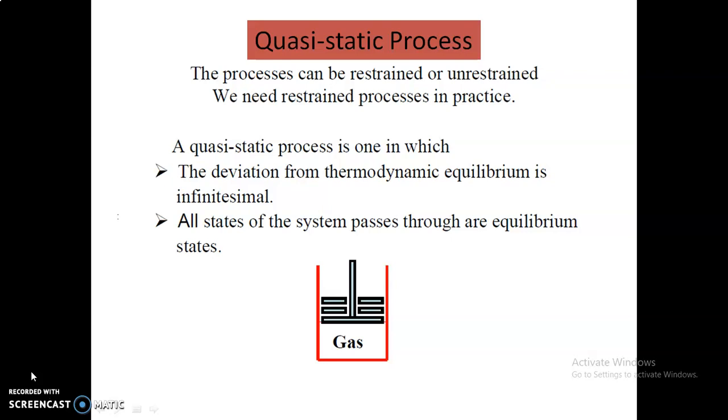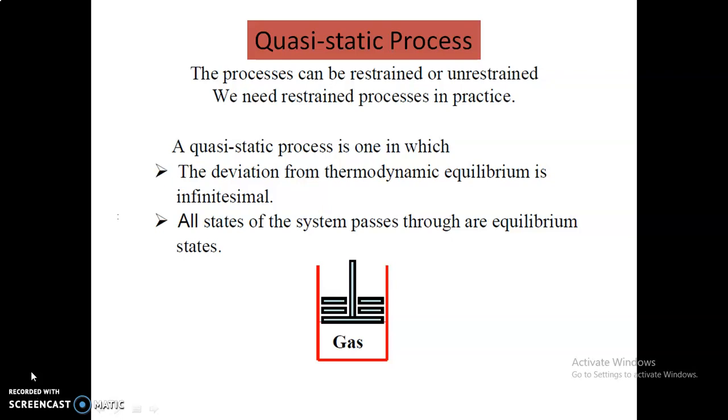Now here you see a gas is enclosed in a cylinder with a piston over which small weights are placed. Suppose initially the gas is enclosed in the piston and cylinder arrangement and we kept a 1 kg weight on the piston.